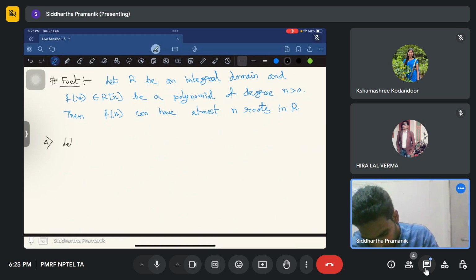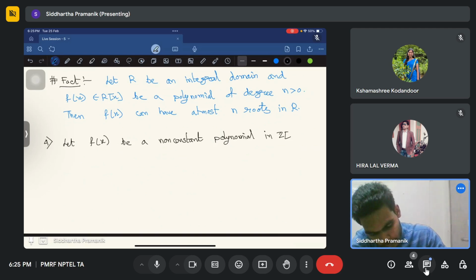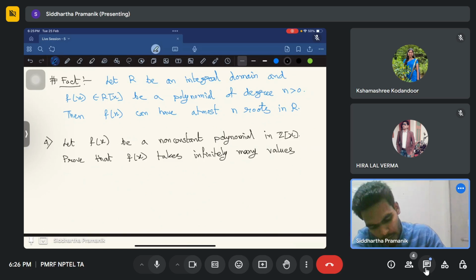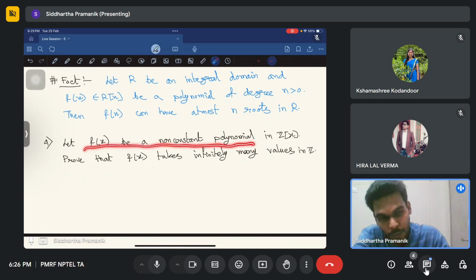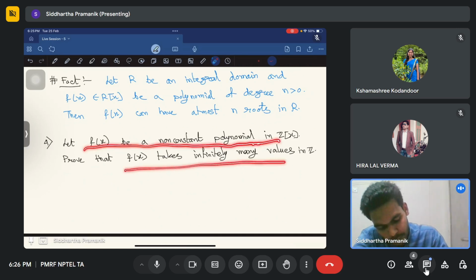So let f(x) be a non-constant polynomial in Z[x], then prove that f(x) takes infinitely many values in Z. Okay, so if you take any non-constant polynomial in Z[x], then it will take infinitely many values in Z.